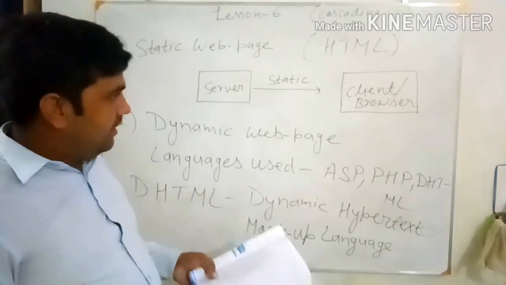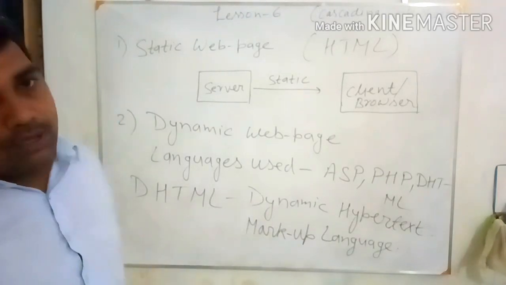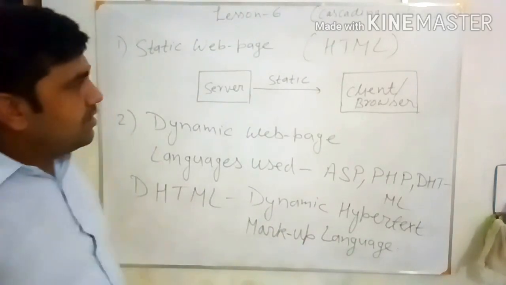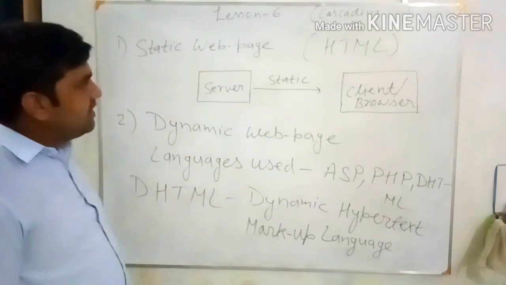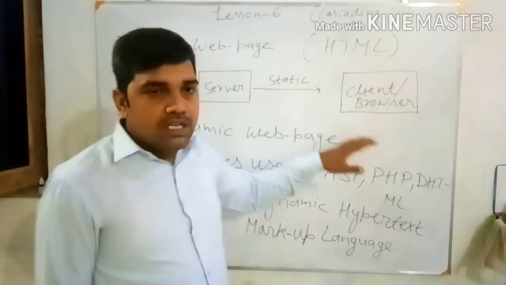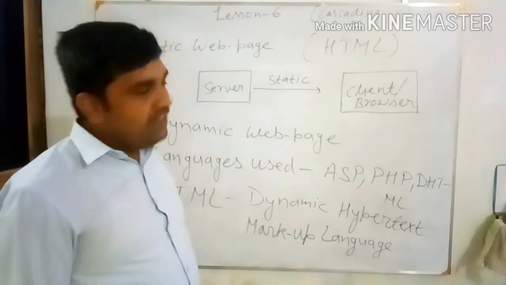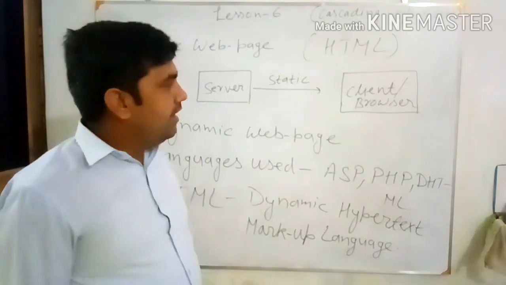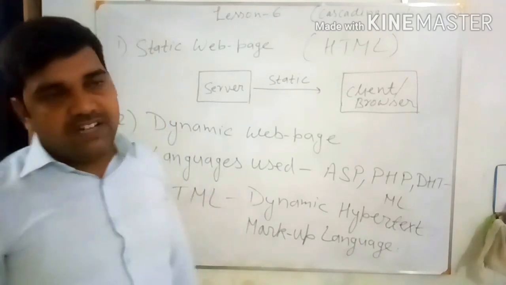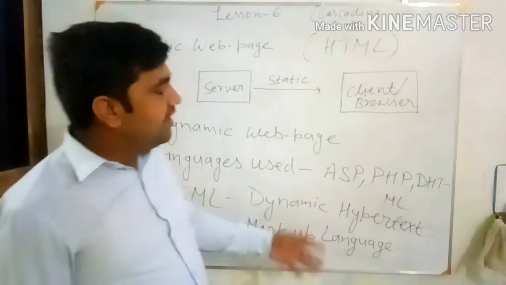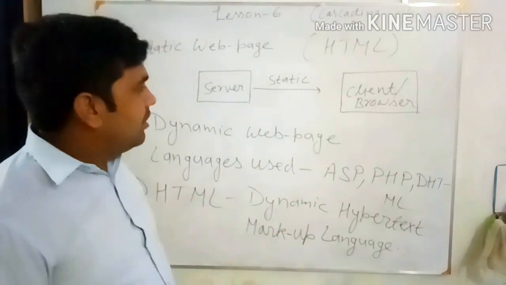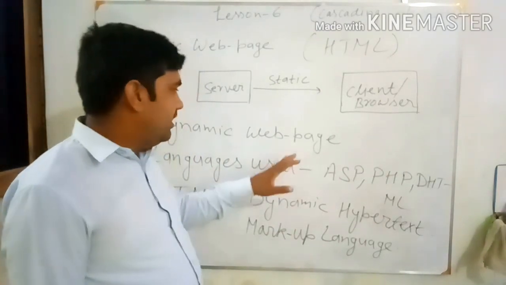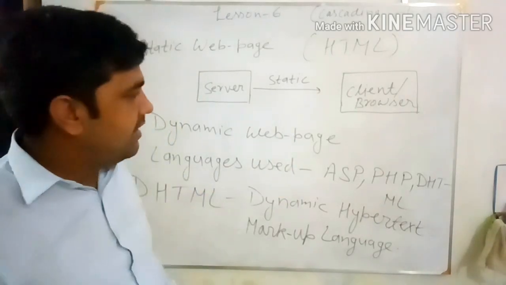Here on the client side we use JavaScript code in the HTML, because JavaScript is a pure programming language. In JavaScript we write the functions and programs for a specified functionality we want to add on the web page.